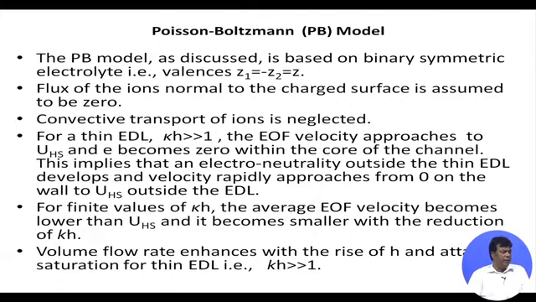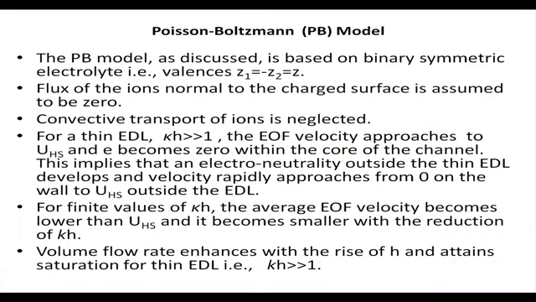Now, what are the limitations of the Poisson-Boltzmann model? First of all, here we have taken a Z-Z electrolyte, and also we have considered the Debye-Huckel approximation. Of course, one can generalize even beyond this Z-Z electrolyte situation: instead of a binary electrolyte, you can have several multivalent species. So that can be generalized.